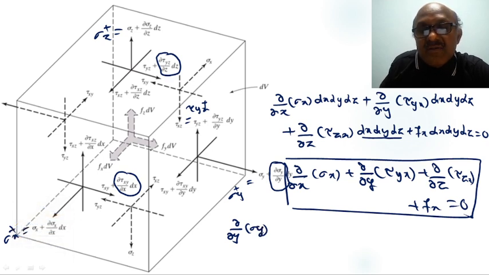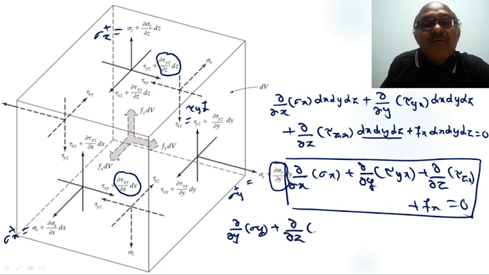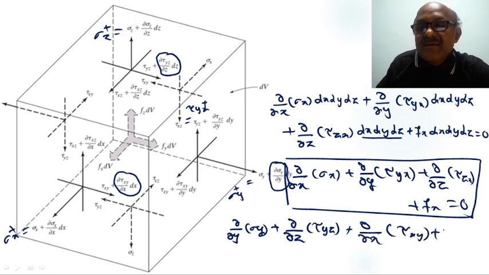Dou by dou y of sigma y plus, again there is another one, that is dou by dou z of tau yz plus, again there is another term in y direction, dou by dou x of tau xy plus fy is equal to 0.